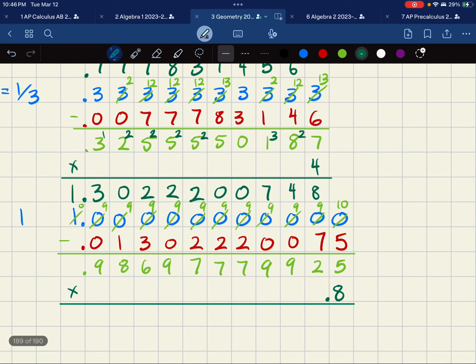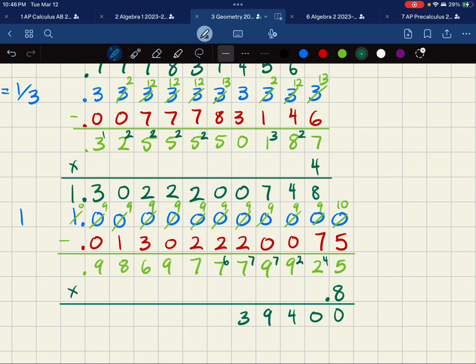All right, here we go. 8 times 5 is 40. 8 times 2 is 16, which goes up to 20. 8 times 9 is 72, 73, 74. 8 times 9 is 72, which goes up to 79. 8 times 7 is 56, which is going to turn into 63. Did I do that right? Hold on. 8 times 7, 56.